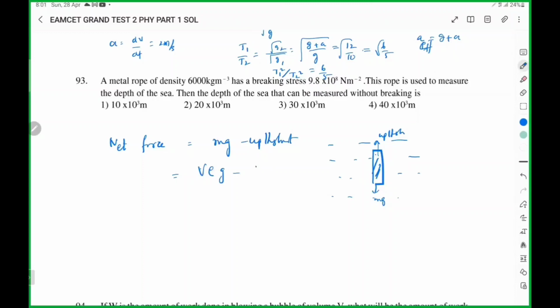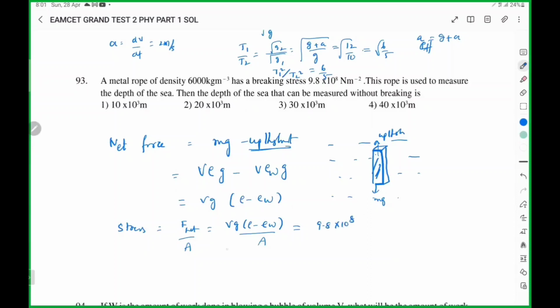Since it is completely immersed, the volume will be the same, but the upthrust is due to the density of water, rho naught. So net force is Vg into rho minus rho naught. Here the breaking stress is F net by area, that is Vg into rho minus rho naught by A, equal to 9.8 into 10 power 8 Newton per meter square.